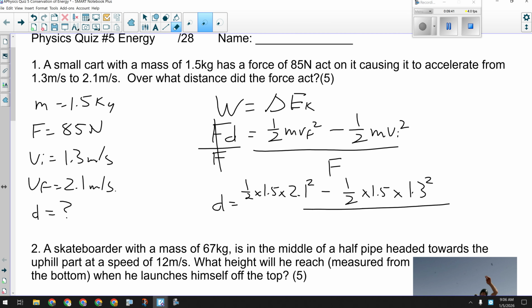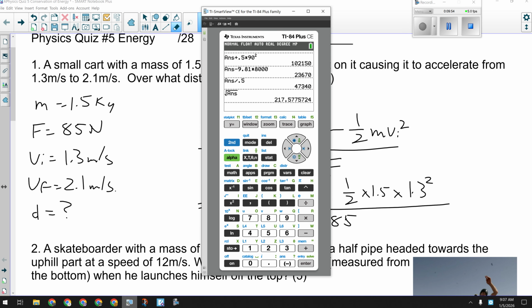And then I'm going to divide all of that by the force, which was 85 newtons. Okay, so that will get me the distance traveled. So in my calculator, that's just going to look like this. 0.5 times 1.5 times 2.1 squared minus 0.5 times 1.5 times 1.3 squared. Okay, now divide that by 85.